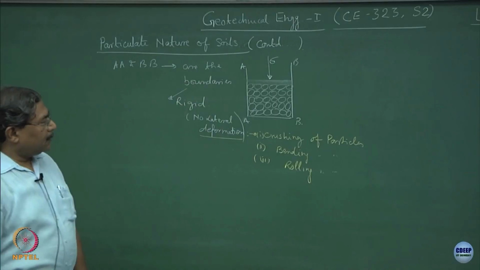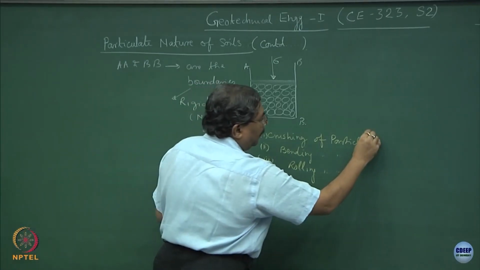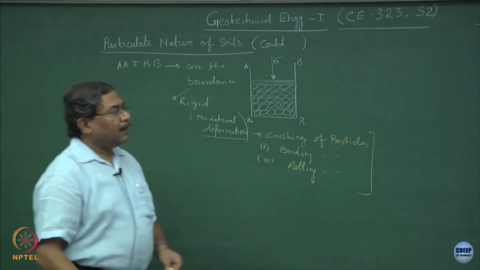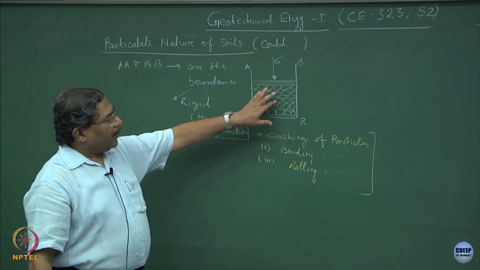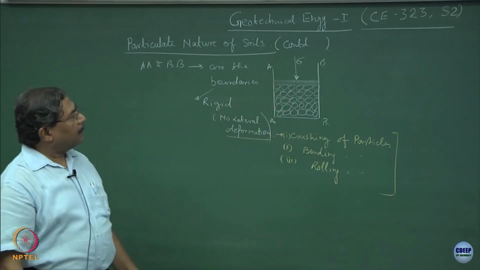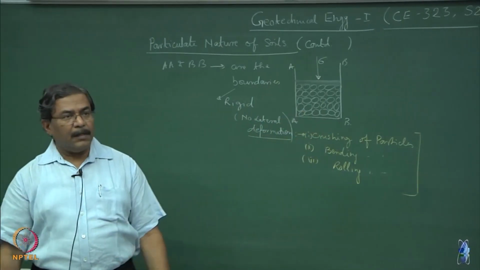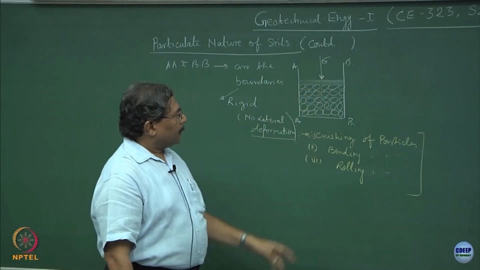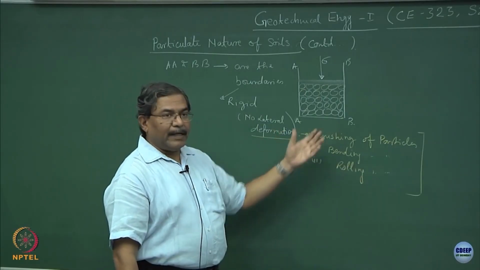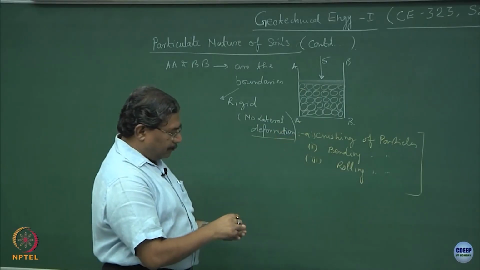Alright, and this is where our assumption was that if the soil which is particulate in nature is confined within the rigid boundary system, is compressed, then the deformation is going to be guided by these three mechanisms or the combination of these three.